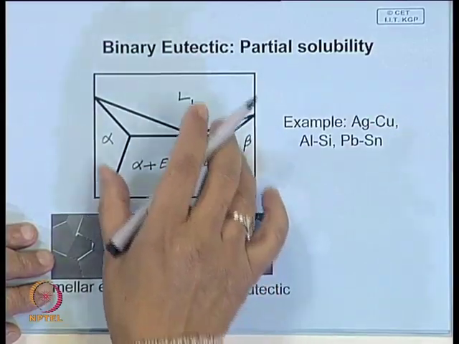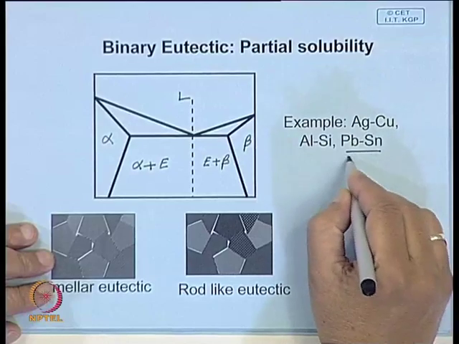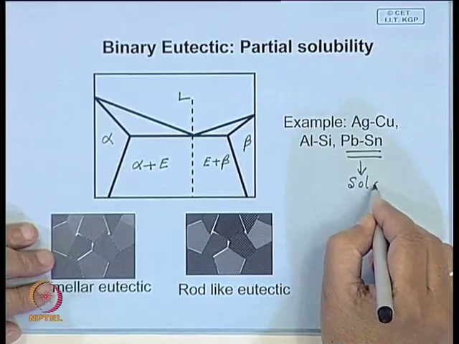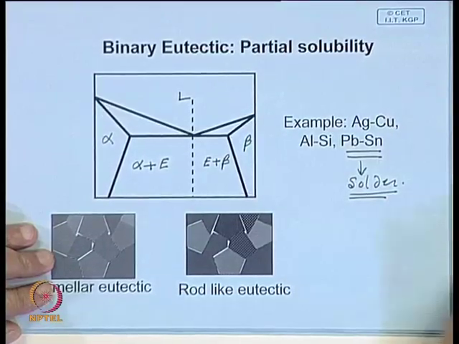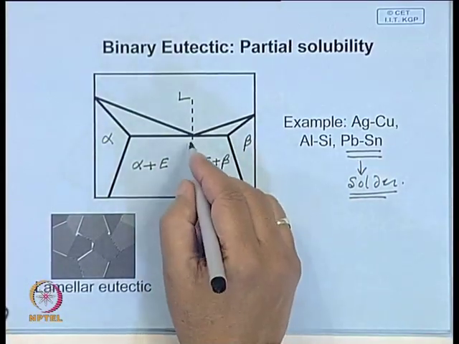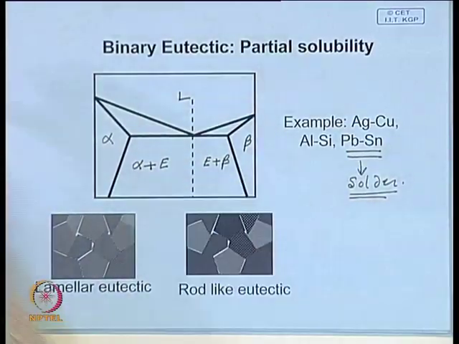They have this type of phase diagram, and lead-tin is a common solder alloy. It is a low melting material, and the type of structure that you can get in a eutectic is shown here, and we can look at this.